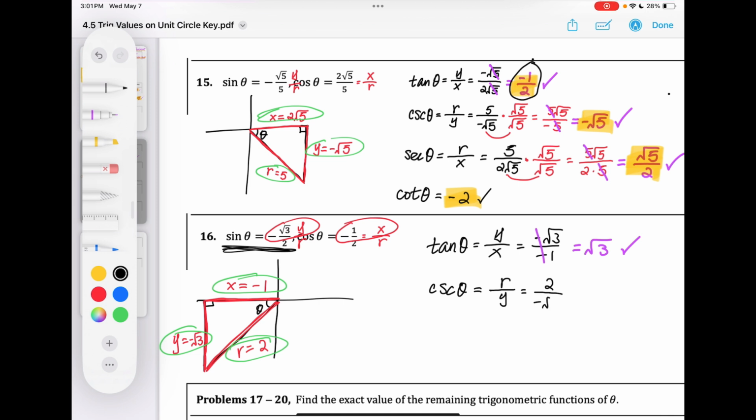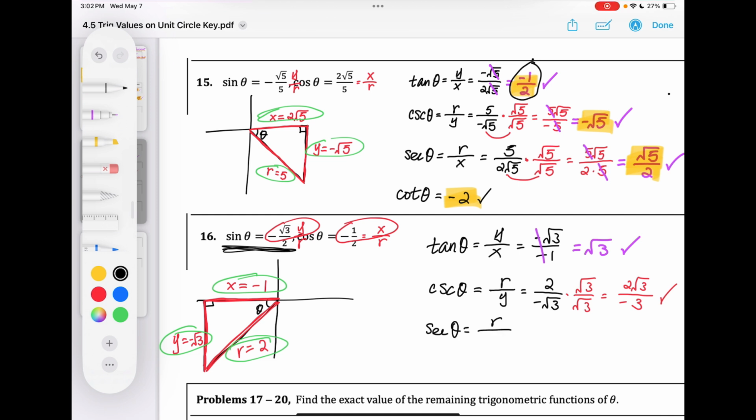I know my r is 2 and my y is negative square root 3. Again, this is correct, but not perfect. We need to rationalize that by times square root 3 over square root 3. So my final answer will be 2 times square root 3 over negative 3. And this will be the perfect answer.